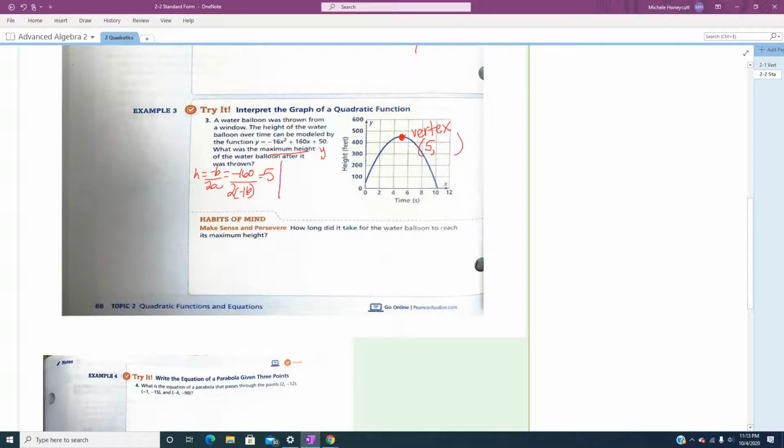To get the k, I'm going to substitute 5 in for both of these x's. So that will be negative 16 times 5 squared plus 160 times 5 plus 50. So for k, I'm getting about 350. I'm going to double check. Let's see, does that look like 5, 350?